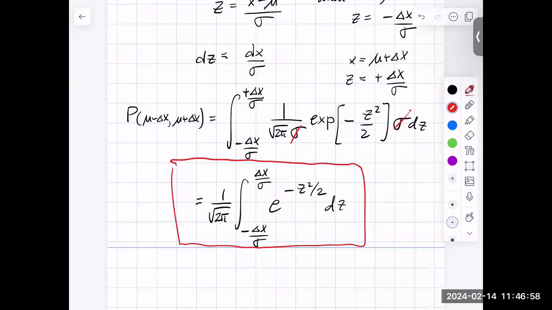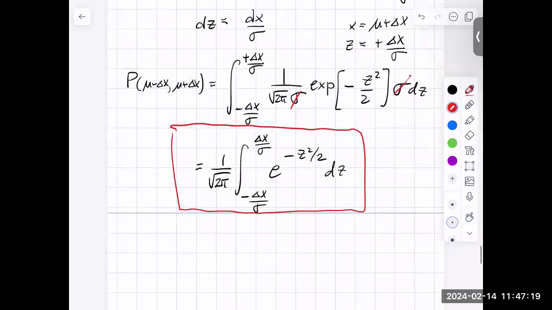And it has to be 1, right? And so this integral without this prefactor, if you could change the limits to plus minus infinity, is root 2 pi. And that is an exact integral that can be evaluated. But when the limits are not plus or minus infinity, then you need to evaluate this numerically, I believe.